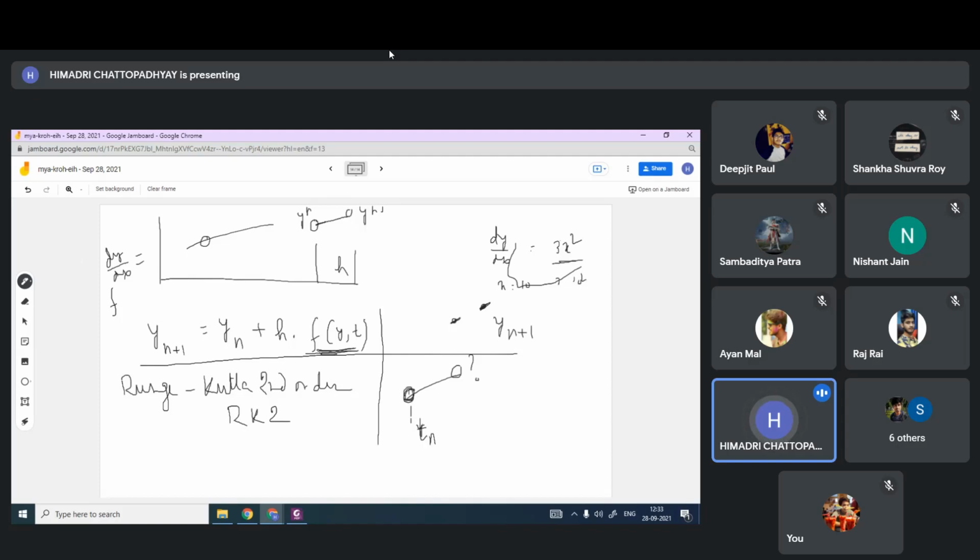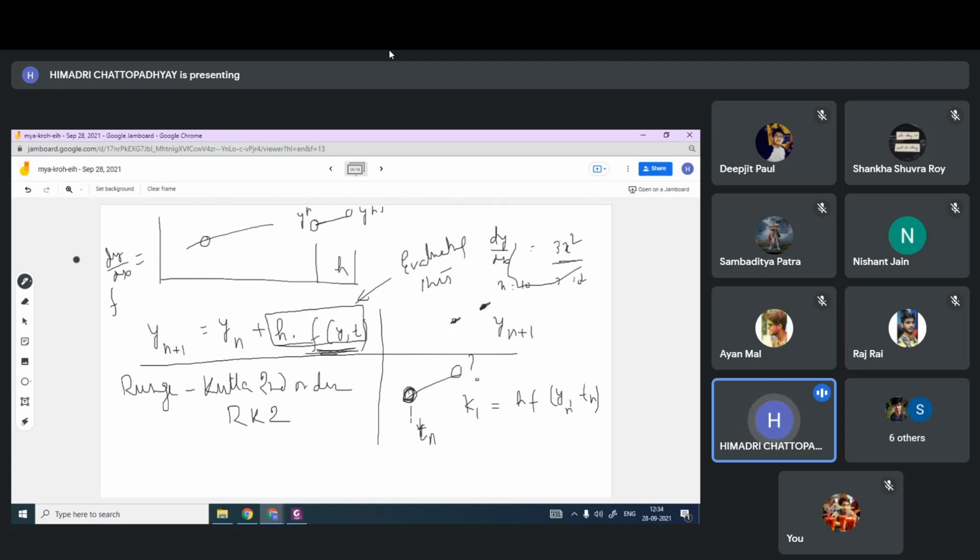Now the Runge-Kutta second order method says that you evaluate h times f at yn, tn. That means you evaluate here a value k. The problem is evaluating this part, the slope into the gap.